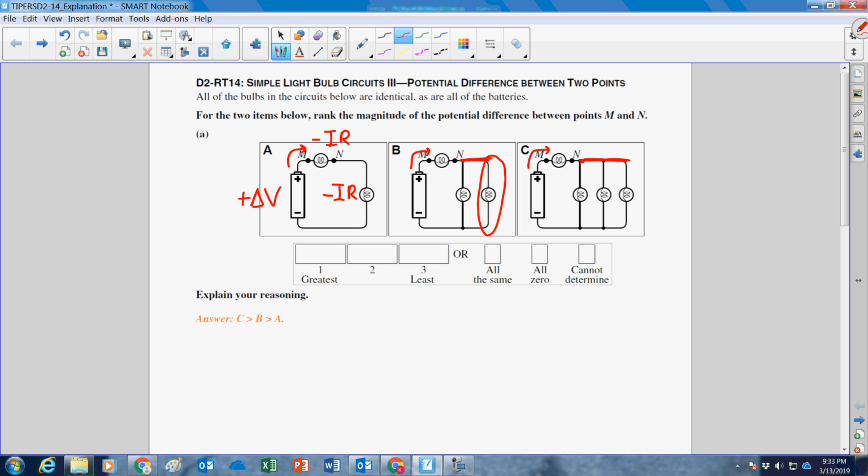So having this extra bulb in here in parallel actually is going to increase the total current going through the battery and coming out of the battery.